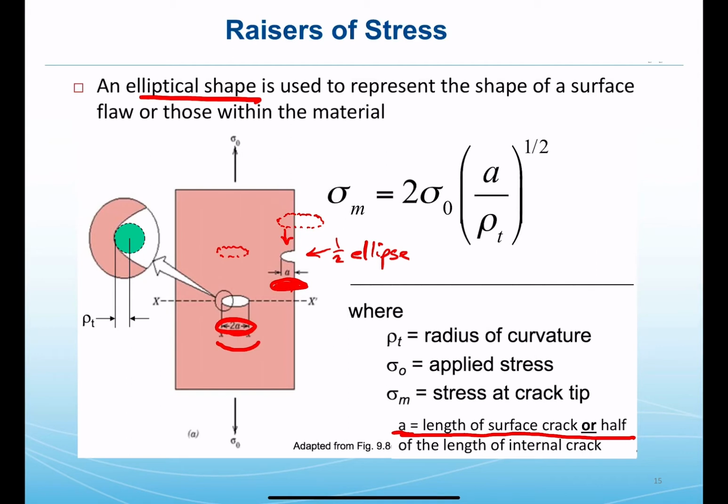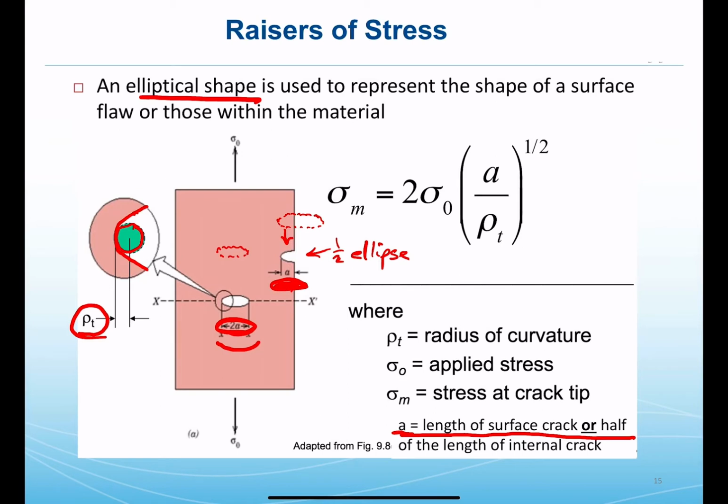The second parameter we need is the radius of curvature. This characterizes how sharp this feature is. How sharp is this crack? And so there, a sphere is applied, and the radius of this sphere, which represents the contour, the sharpness of our ellipse, is what's used, and the radius value here, given rho sub t, is the second parameter for characterizing this crack, either internalized or at the surface.